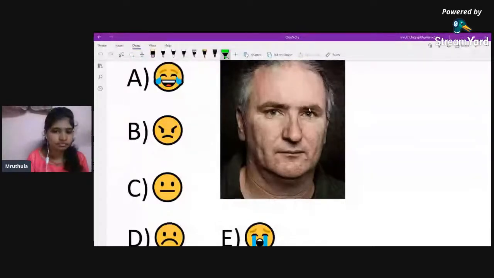Now, this person is a patient of Parkinson's disease. So he is not showing any expression in the face. It's not that only when this photograph was taken; all the time, the whole day, he will be like this, showing no expression. If you say some joke, he will not laugh. If you make him angry, he'll not show that expression. If you make him cry, still he will not show this feeling of pain.